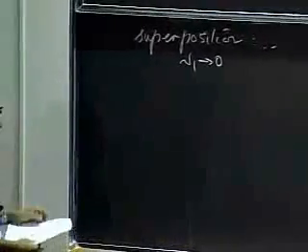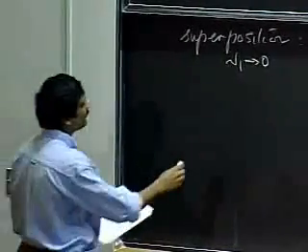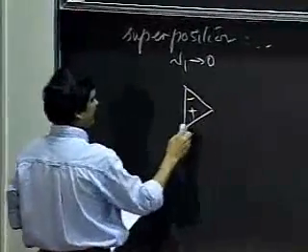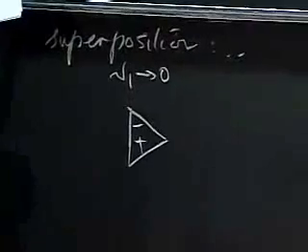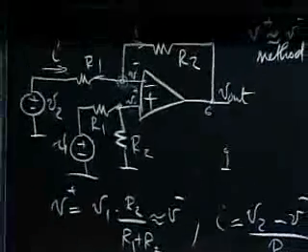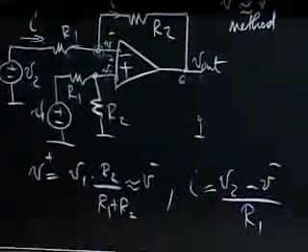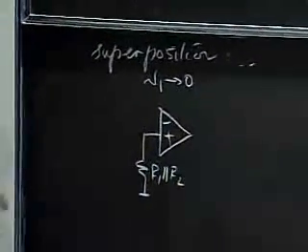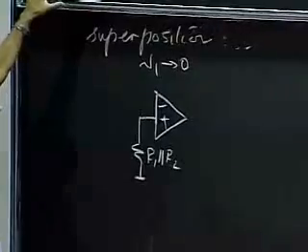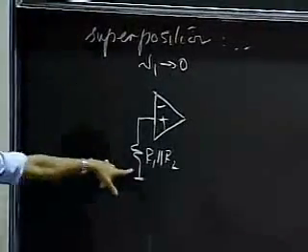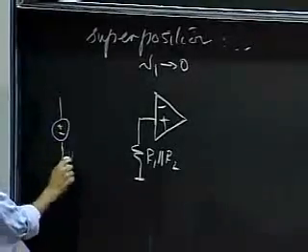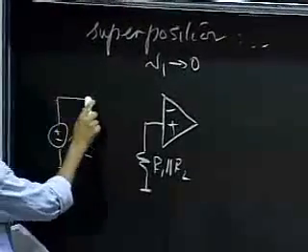One subcircuit is the one in which V1 is 0. If I set V1 to be 0, then R1 goes to ground, and I get R1 parallel R2 going to ground. And of course, I have a V2 as before.